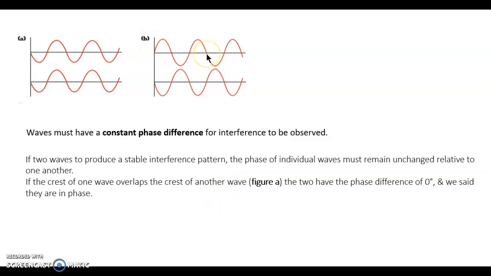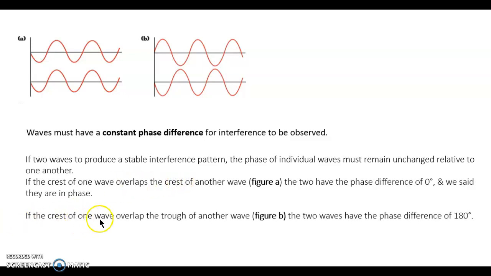Okay, in case B, give me the definition by yourself. Give it to me and pause the video, and after that try to compare my answer to your answer. If the crest of one wave overlaps the trough of another wave, crest overlaps with trough, trough overlaps with crest, the two waves have a phase difference of 180 degrees.